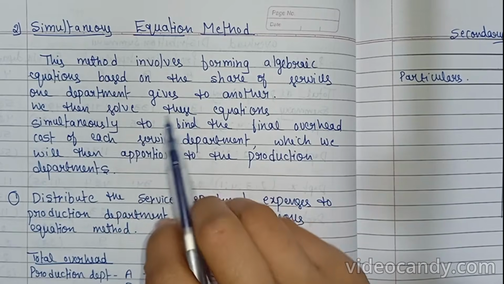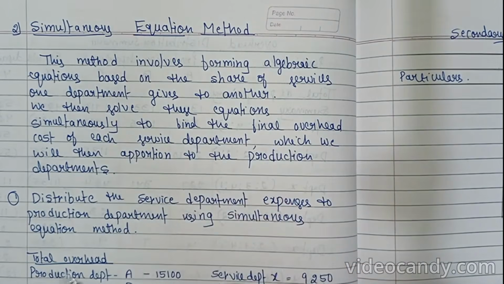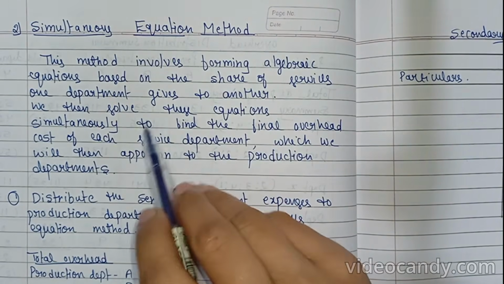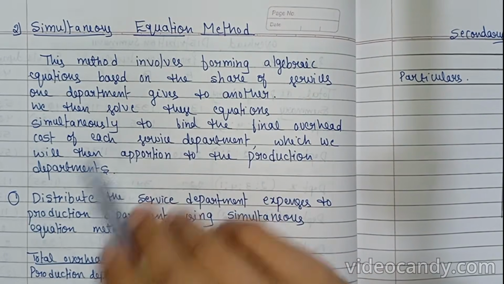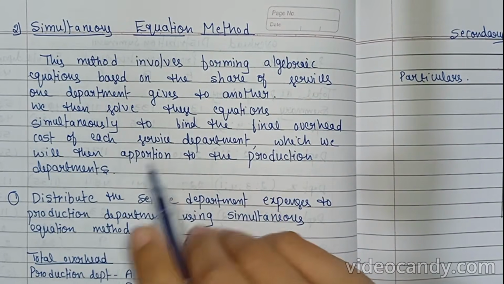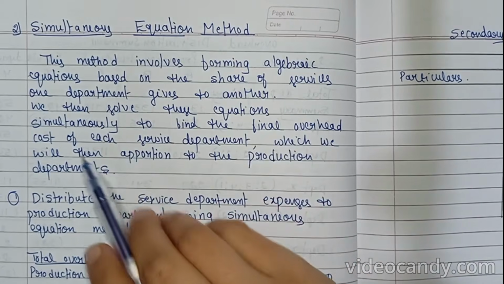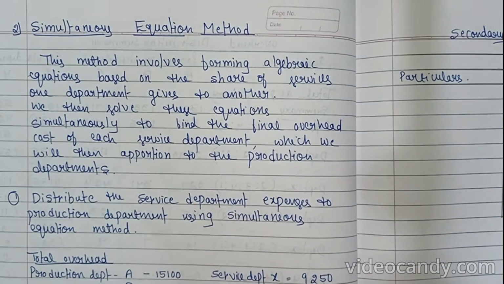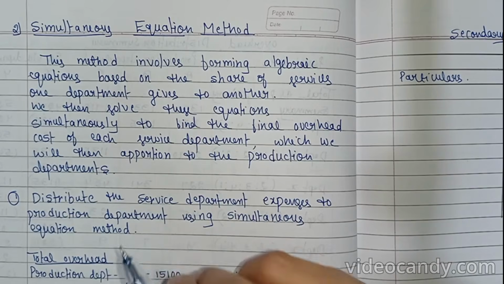Then we solve these equations. First we need to form the equations. After that we need to solve these equations simultaneously to find the final overhead cost of each service department. After solving the equations, we will arrive at the final overhead cost of each service department.